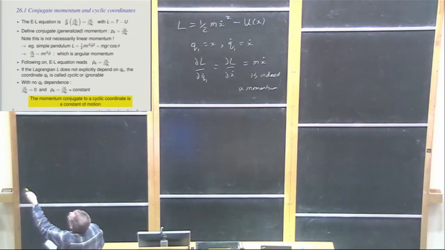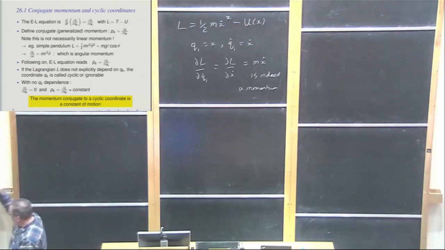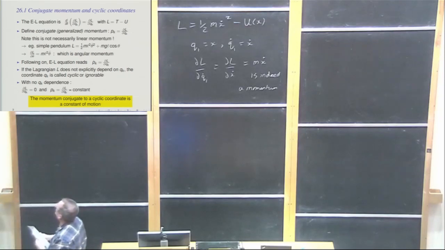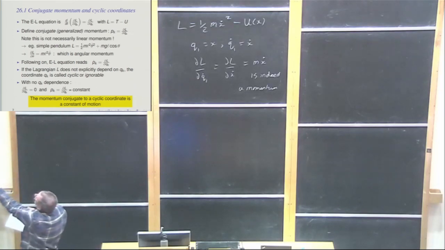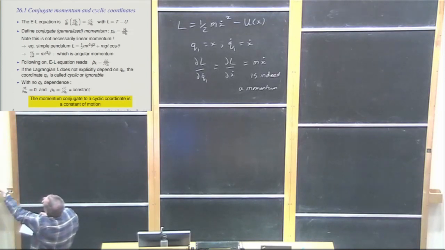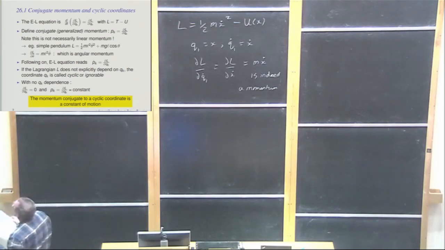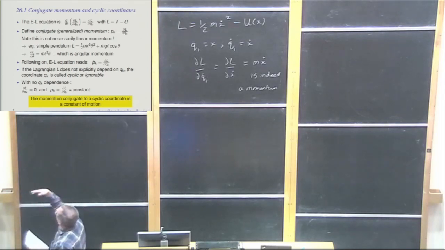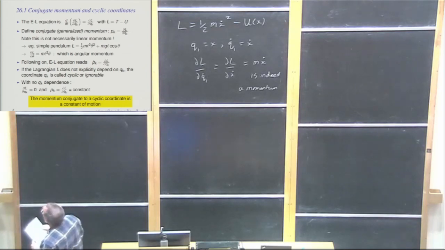Here's the kinetic energy, and here's the potential energy. We have a plus sign here because the gravitational potential is defined with a minus sign. Anyway, if we take dL by d theta dot in this case, we end up with m l squared theta dot. And this looks familiar. This is angular momentum. So again, this manipulation gives you a momentum-like quantity.